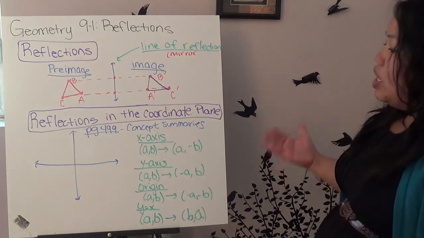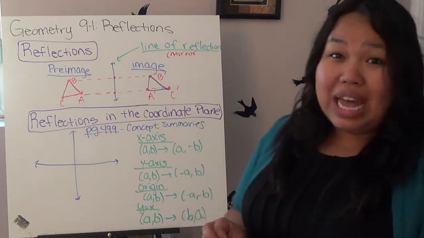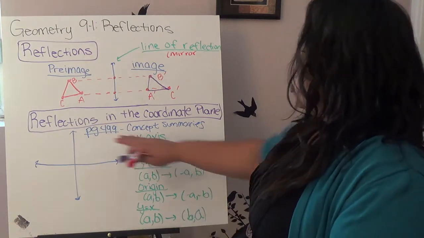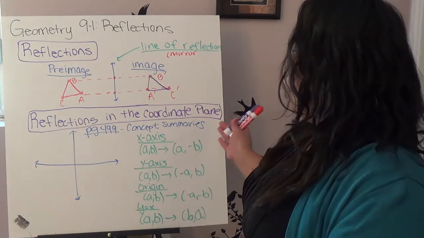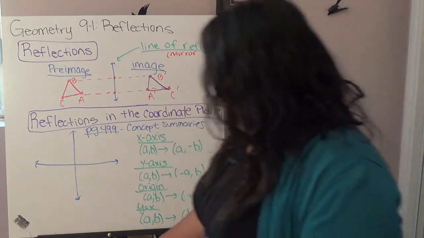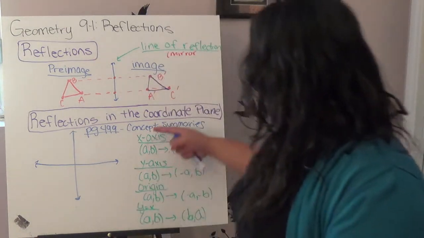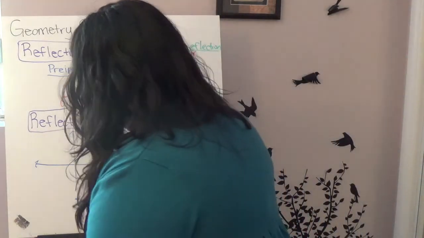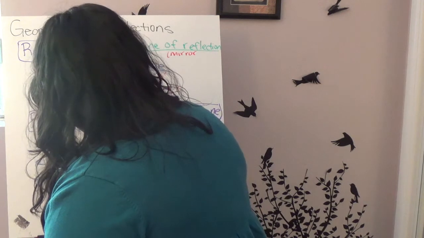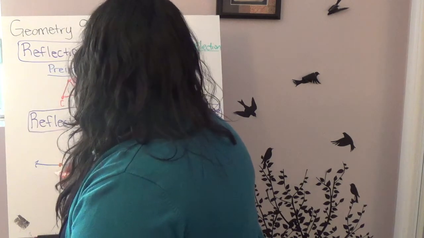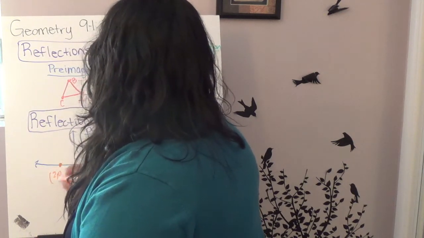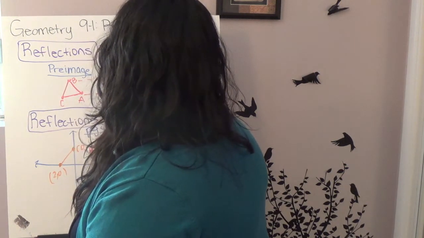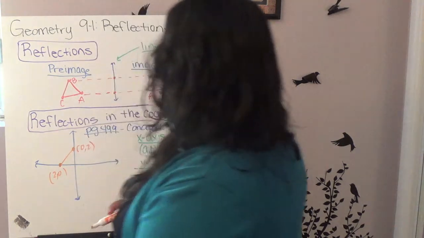The same thing can happen in a coordinate plane, except now it's a little bit more exact because you actually have points. And instead of counting, on page 499, they give you a concept summary. So they give you these shortcuts for how to do it. So for example, if I have this line, let's make this line 2, 0 and 0, 2.